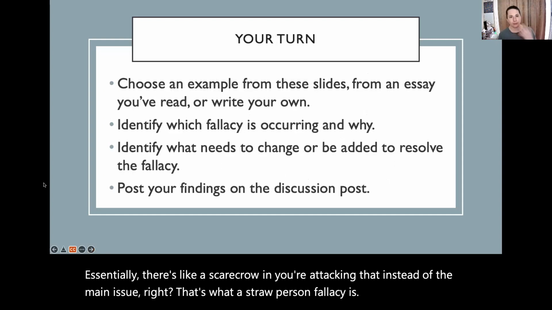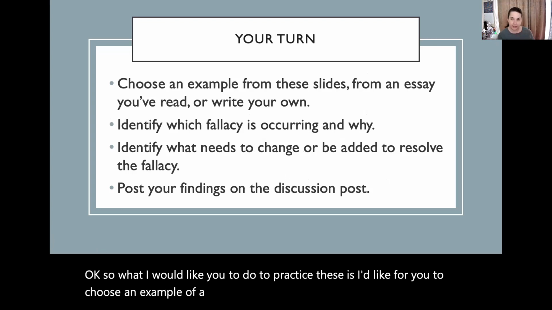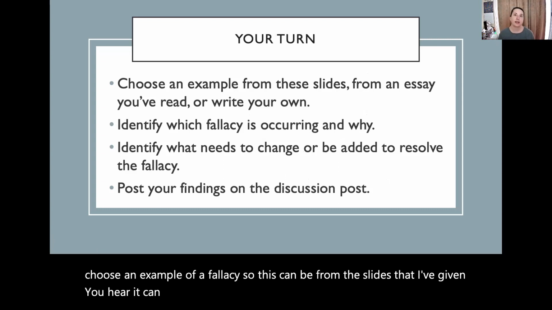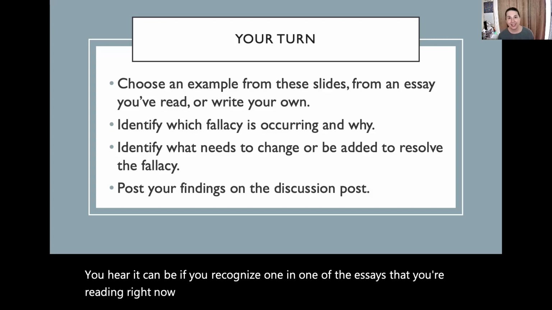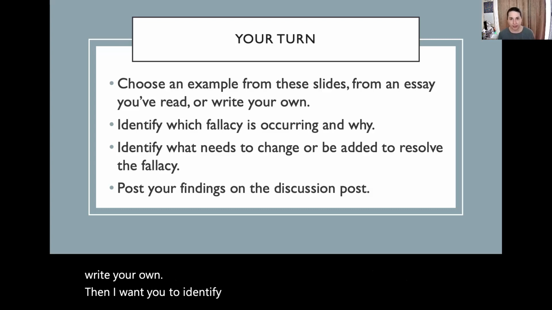Okay, so what I would like you to do to practice these is choose an example of a fallacy. This can be from the slides that I've given you here. It can be one you recognize in one of the essays that you're reading right now, or if you're interested and want to get creative, you can write your own. Then I want you to identify which fallacy is occurring and why.